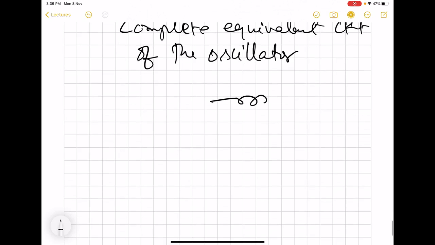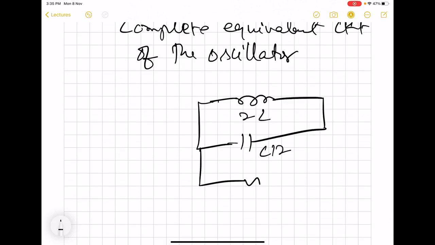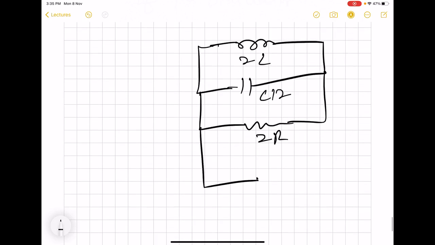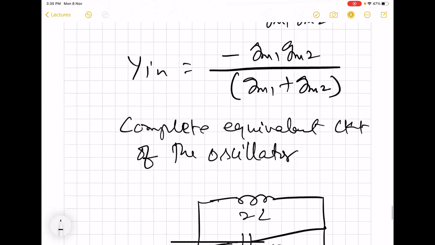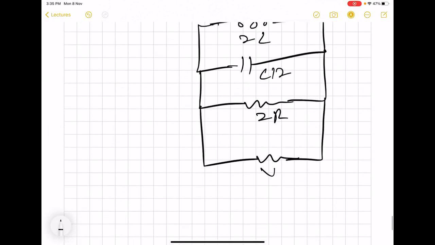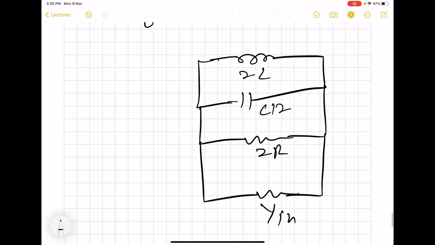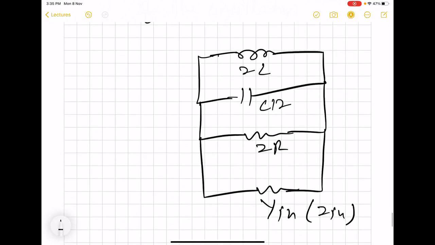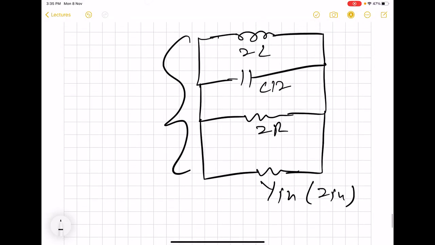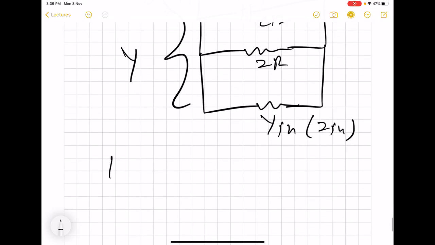So this will be 2L in parallel with C by 2 in parallel with 2R in parallel with Y in here, or Z in. So from negative resistance model, we see that the overall admittance Y of this should be equal to 0.